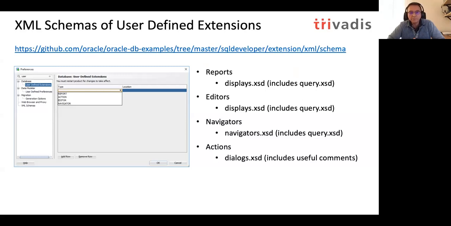These are four types: reports, editors, navigator, and actions. And here I highlighted a link to XML schemas where the structure is defined. I will not show this schema in detail because it's not really suited to do that during a talk. I will show the stuff by example.